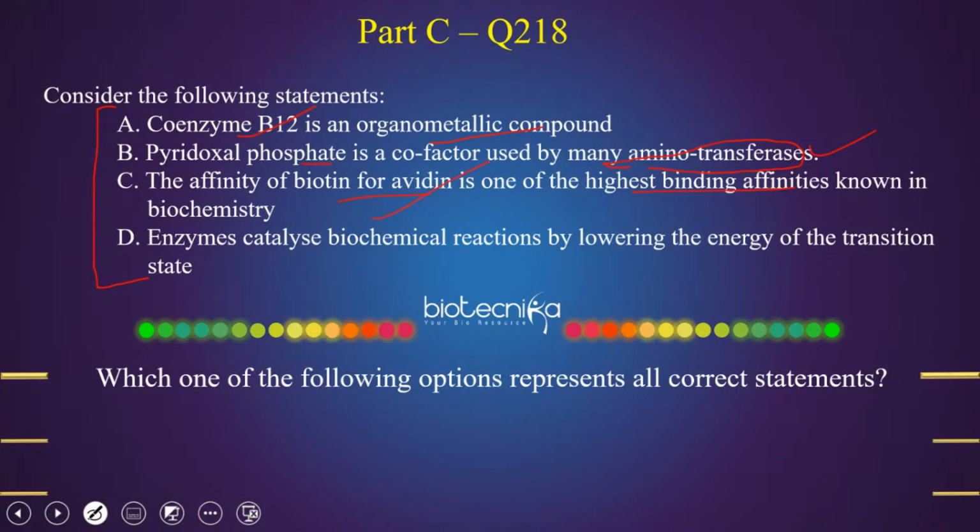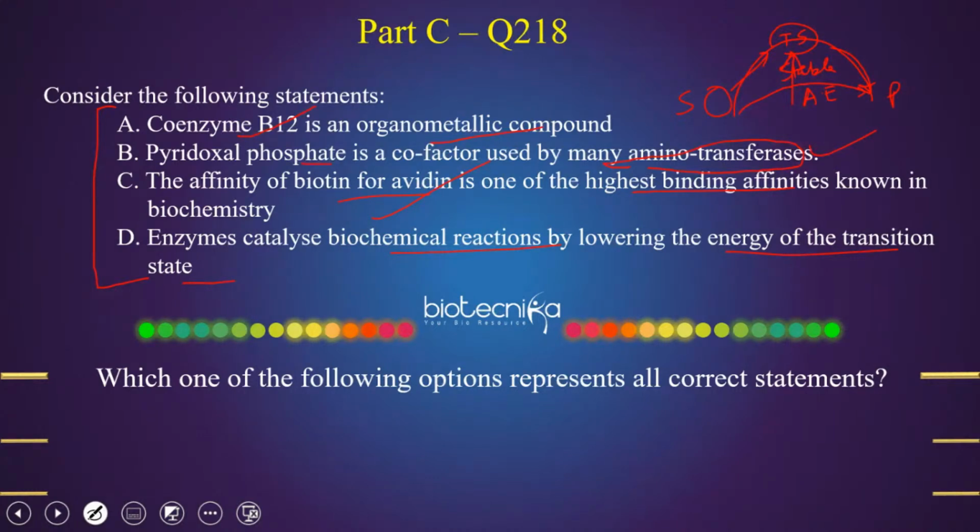This is also correct. An enzyme catalyzes a biochemical reaction. It acts as a biocatalyst by lowering the energy of the transition state. When molecules have to go to a transition state, they need to be stable there; only then can they convert into the product. The energy required to go to the transition state is called activation energy.